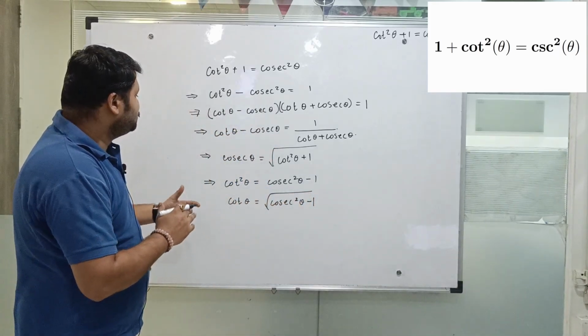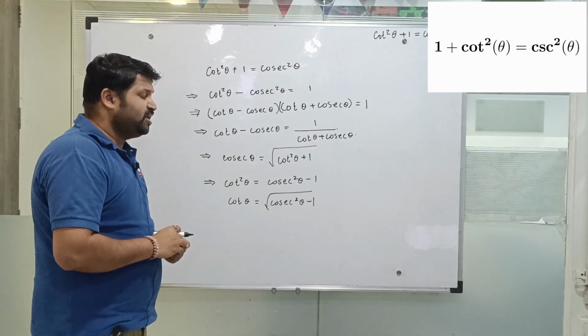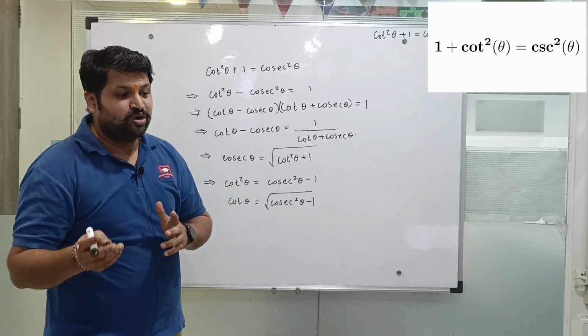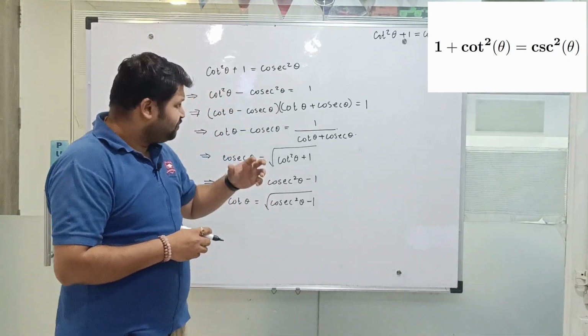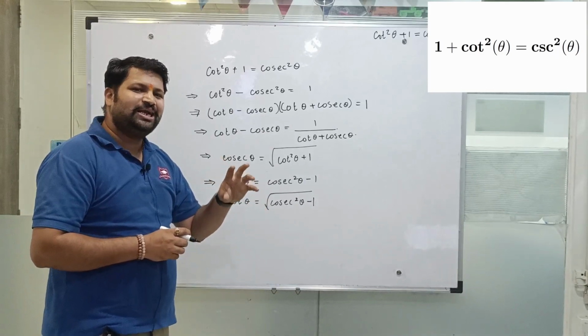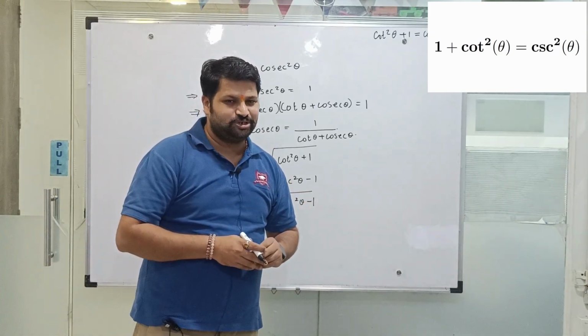Okay, so these are the different forms that we can use. Obviously the forms are fewer as compared to the other two identities, because when we come to solving problems, there are going to be slightly fewer problems on this identity as well.